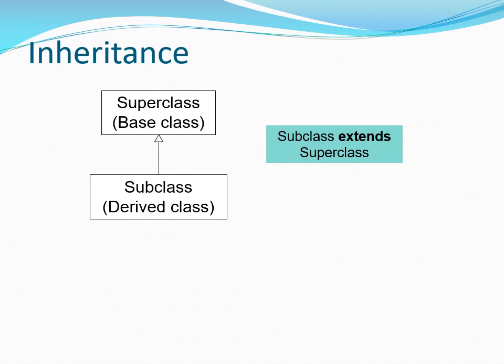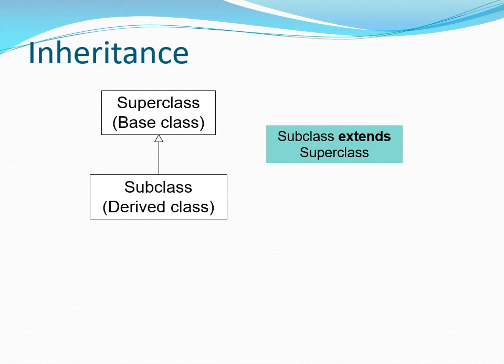The subclass inherits from the superclass. The superclass will contain the common features, which are also there in the subclass, and the subclass will contain only the features which are there in the subclass but not in the superclass.